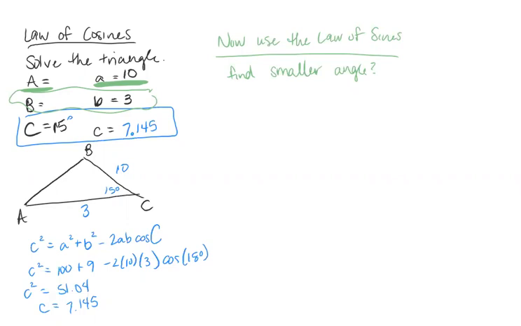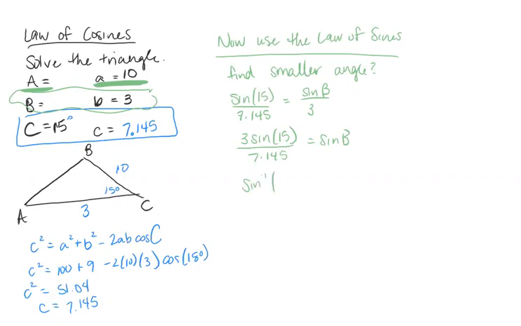So let's go ahead and do that. I'm going to use the sine of 15 degrees over 7.145. That's equal to the sine of B over 3. Then multiply both sides by 3. So 3 times the sine of 15 divided by 7.145 is equal to the sine of B. And then to get B by itself, you want to take sine inverse on both sides.